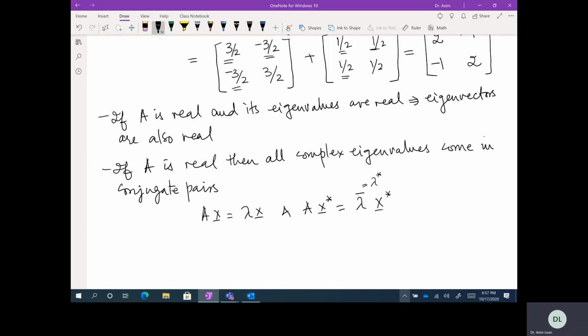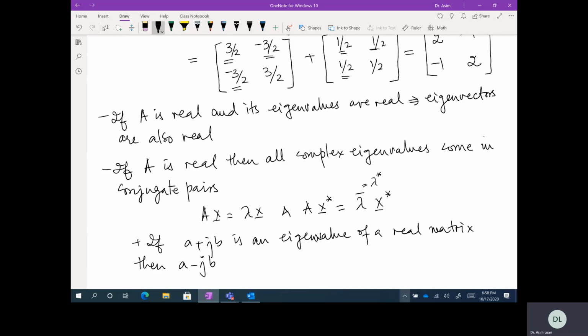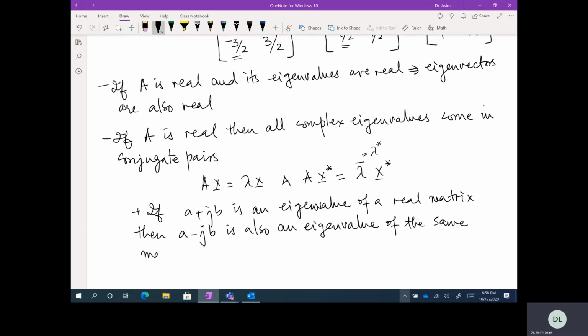Okay. So if a plus jb is an eigenvalue of a real matrix, then a minus jb is also an eigenvalue of the same matrix.